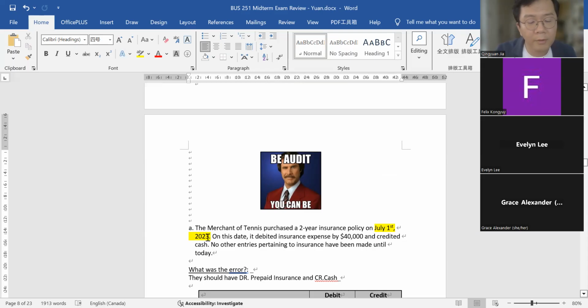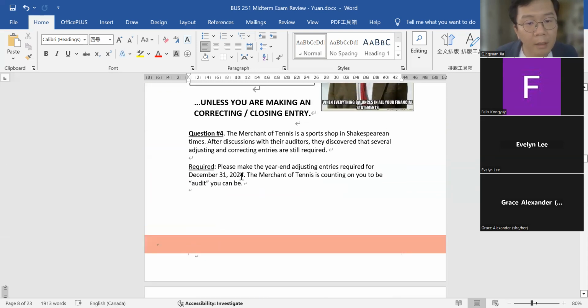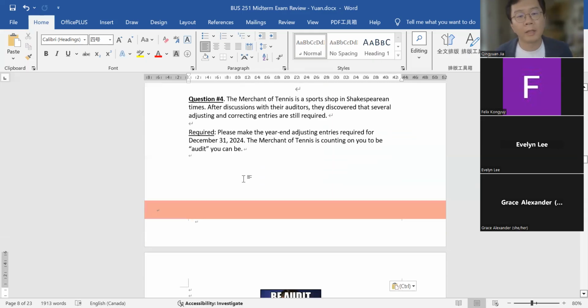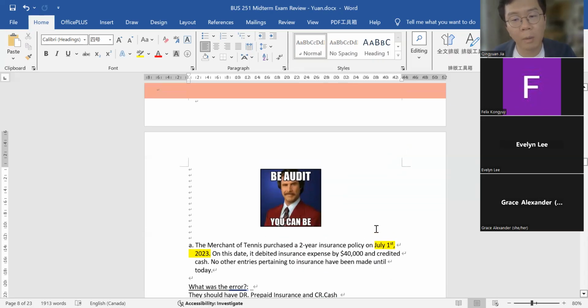So from this time till the end of 2023, it will be half a year. And one more year, from the beginning of 2024 until the end of 2024, is another year. So starting from the last day of 2024, from here to the end is 1.5 years.